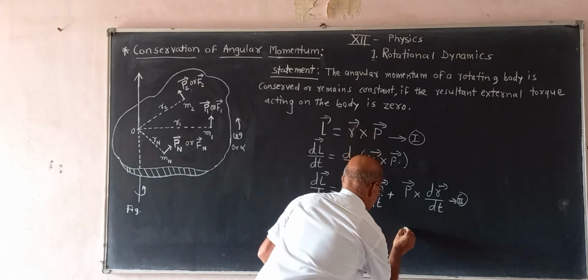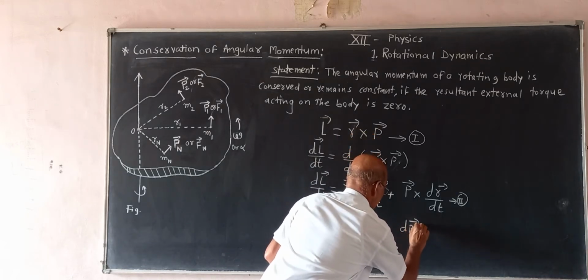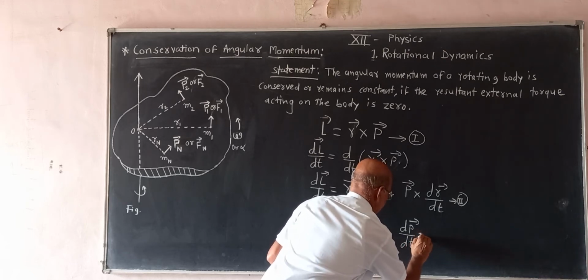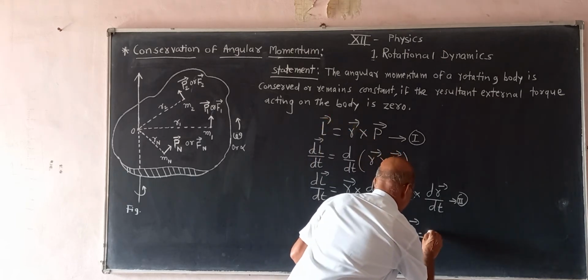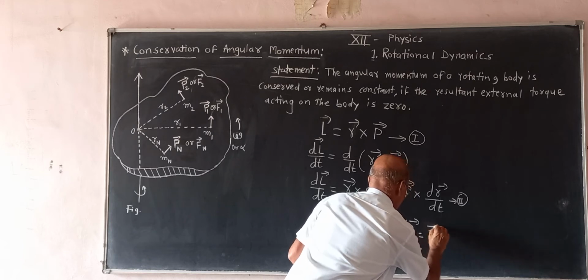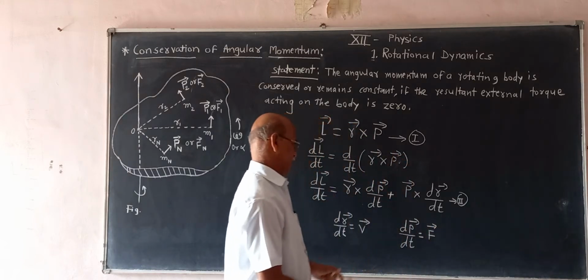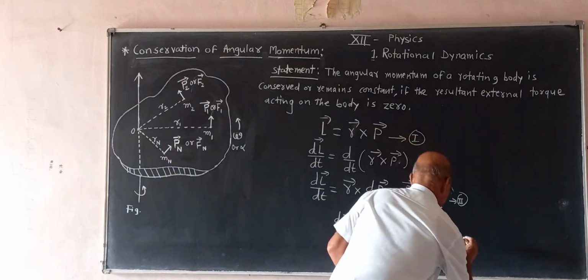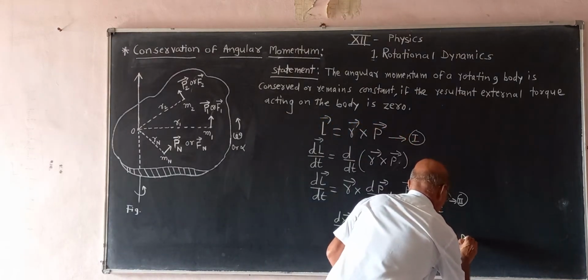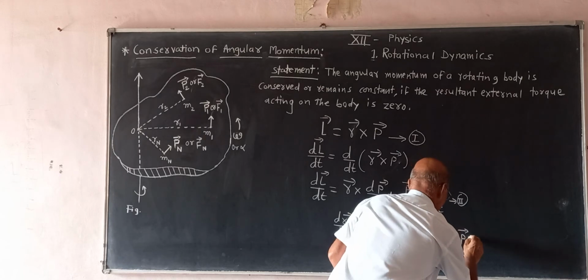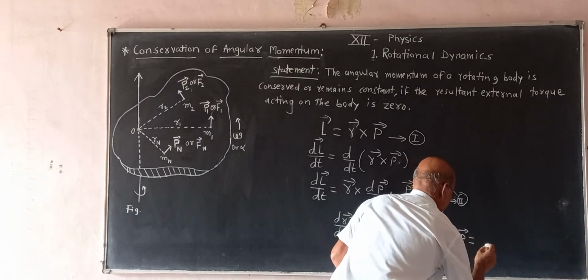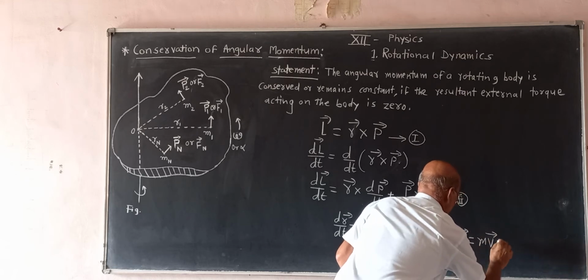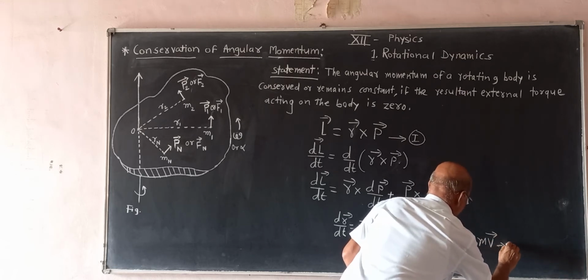And dp vector by dt is equal to the force acting on the rotating body, and the linear momentum of the body is given by vector p equal to m v vector. Suppose this is equation number 3.